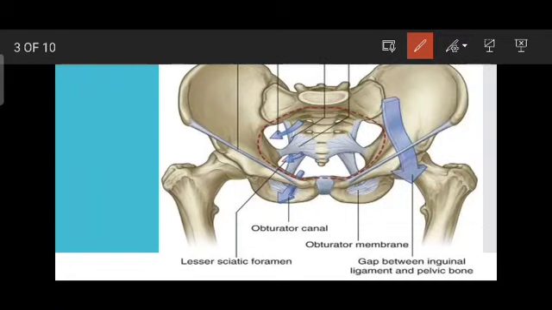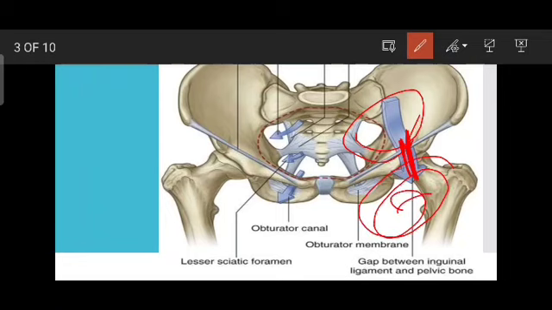This gap between the inguinal ligament and pelvic bone connects the abdomen to the anterior compartment of the thigh, and the obturator canal connects the abdominopelvic cavity to the medial compartment of the thigh.